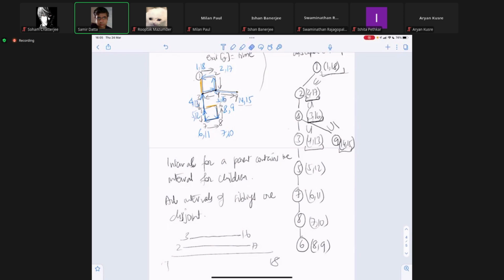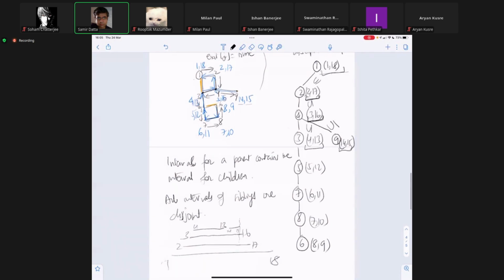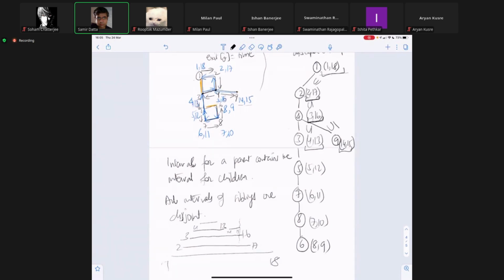It is not to scale, but nevertheless, we draw 4, 13 and 14, 15. Correct? And then 5, 12, 6, 11, 7, 10, 8, 9. So this is another representation of this tree, and so these are nested intervals. That's what I want to say.